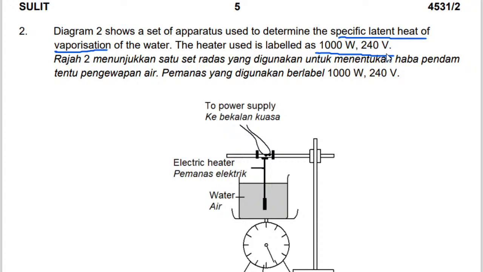Power rating. Be more specific. When they ask you to define the meaning of this labeling, no matter what type of electrical appliance it is, you need to explain what is this W, what is this V.